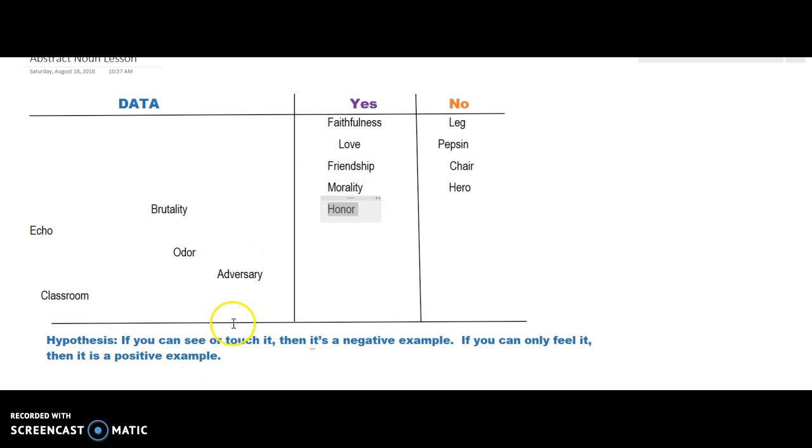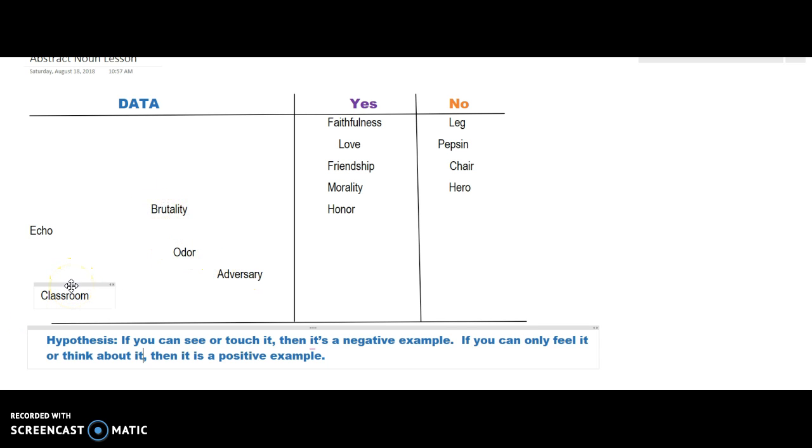So what can we change about our hypothesis to better fit the positive examples? Okay. Oh, someone says, if you can only feel it or think about it. Okay, we might reflect on what love is and what friendship is and morality. We might think about honor, but you can't touch or see it. I like that.